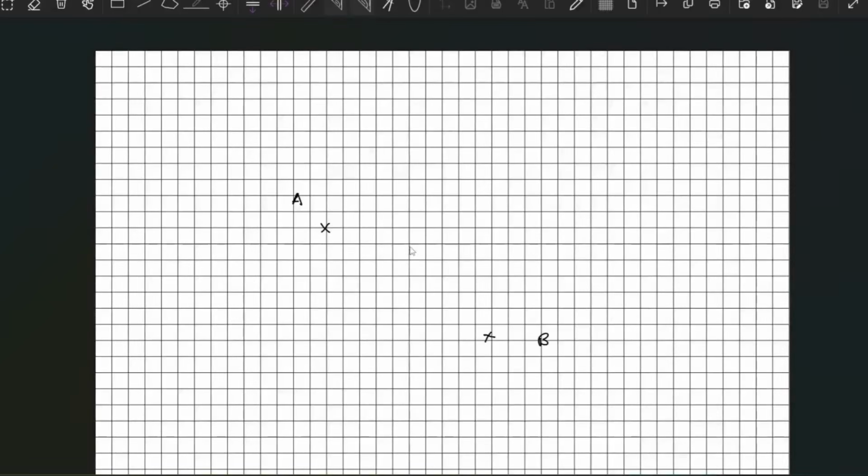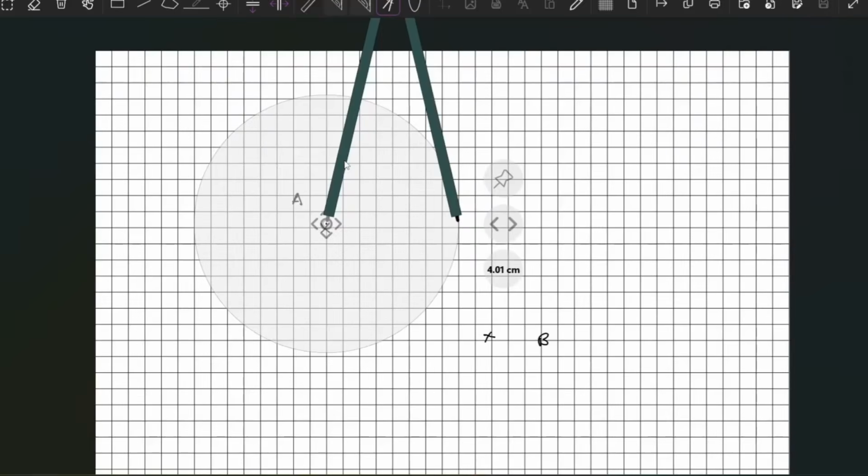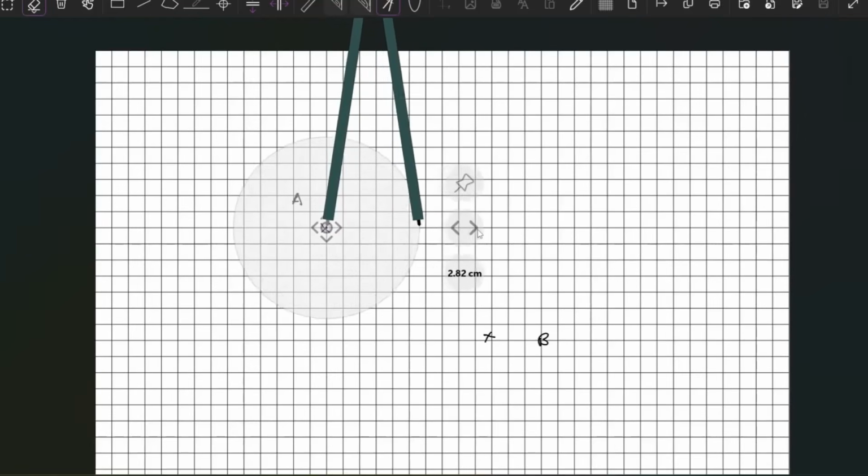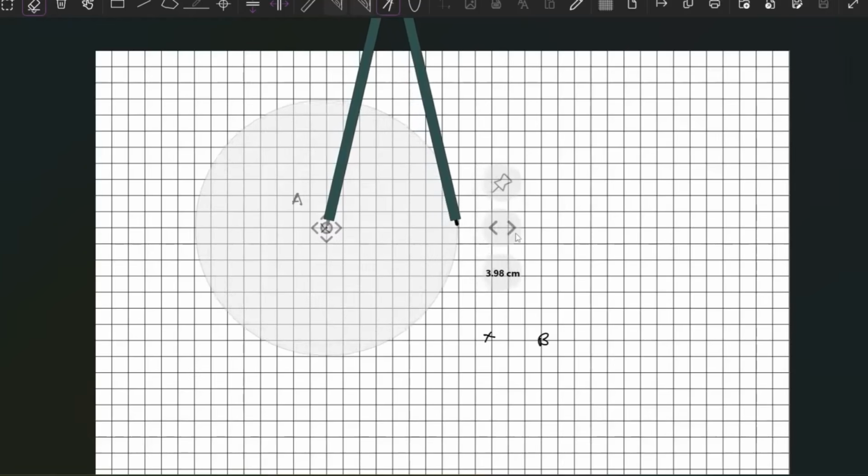Let's have a look. So I have drawn point A and B on this sheet, and now I'm going to show how to draw the locus of all the points that are 4 centimeters from A using a ruler and a compass. I'll fix my compass at point A. I need to set the arc radius to be 4 centimeters, so let's set it to 4 centimeters. So the pointy tip is on point A, and the radius is set to 4 centimeters now.